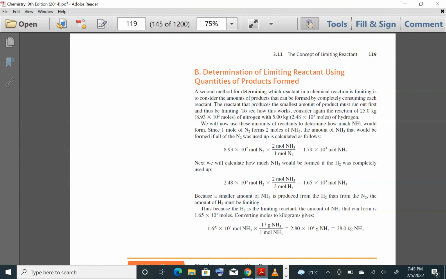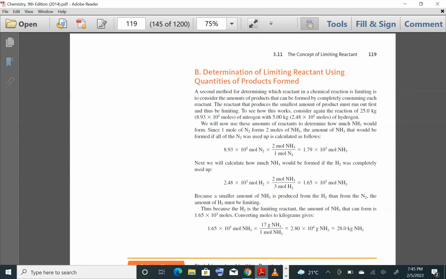So take note of that. Then again, we get the number of moles for the hydrogen, which we had calculated earlier. You get the mole ratio, then you cross multiply, and you realize that the number of moles of ammonia you're getting is 1.65 times 10 to the power 3 moles.